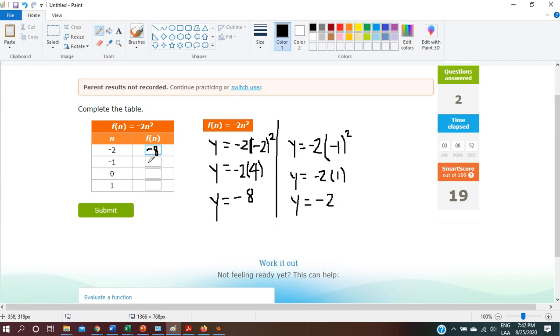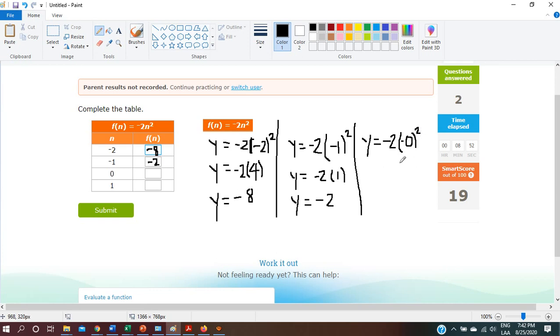Okay, so the other one, the third one, 0. So y equals -2 times 0 squared. 0 is not negative or positive, whatever.